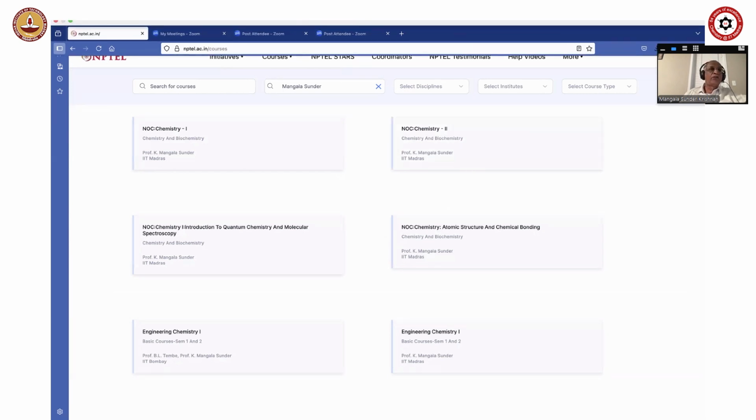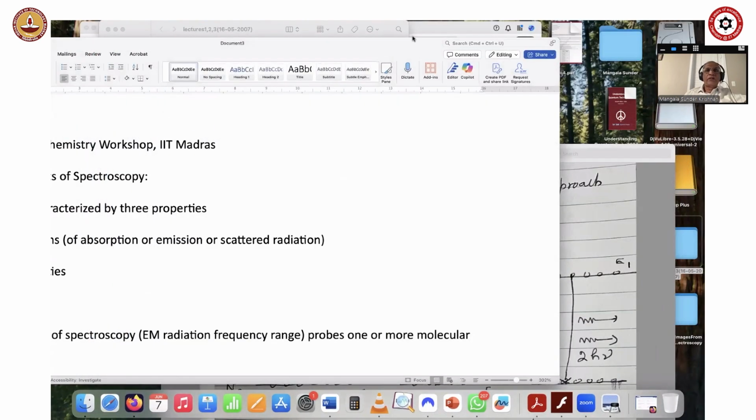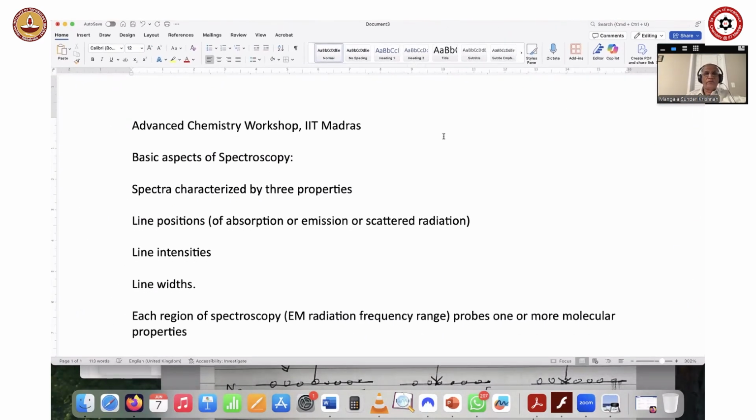Okay, that's one thing. The second thing I wanted to show you is, let me move out of the screen. The second is that today I shall talk about a few basic aspects of spectroscopy, and generally in any spectra there are three properties that we need to understand.